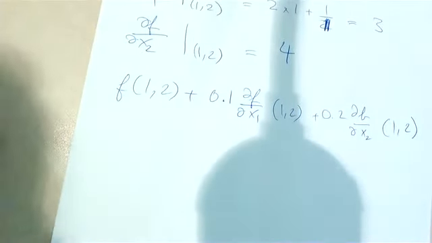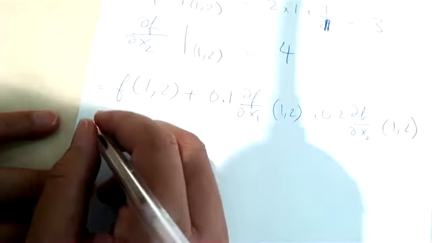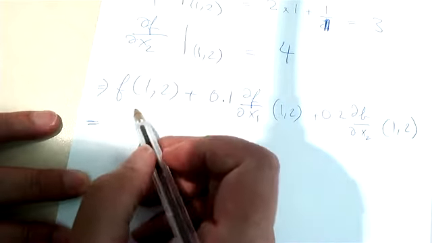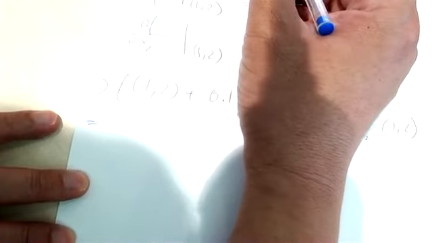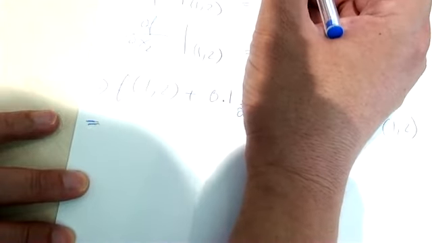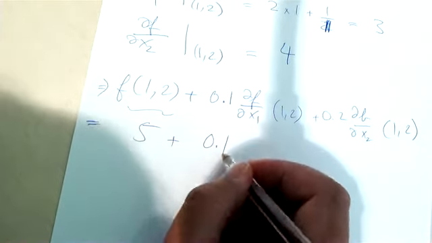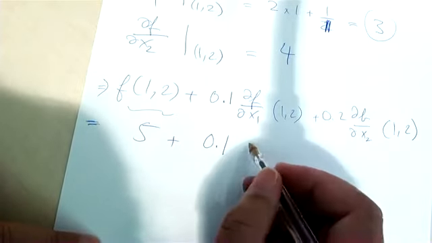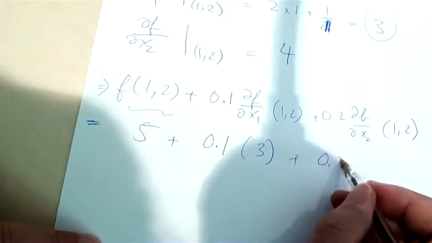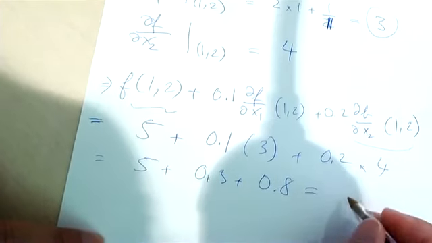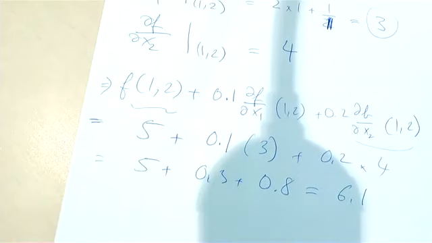So for f of 1, 2, you put in 1 here, you get 1 squared plus 2 squared equal 5. And this one you have 3, and this one you have 4. So you have 5 plus 0.3 plus 0.8. So it will be 6.1. That is how I got 6.1 here.